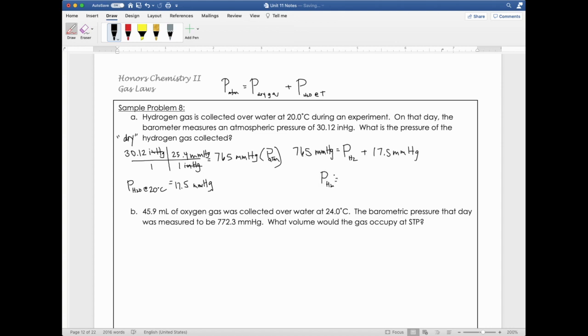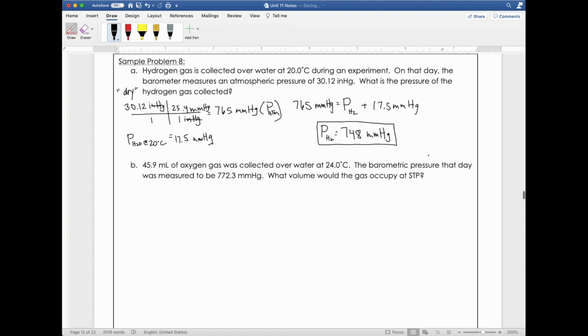If you do a simple subtraction, you should get 747.5. But with significant figures, your answer should be 748 millimeters of mercury. So that's the pressure that hydrogen is exerting in that particular system.